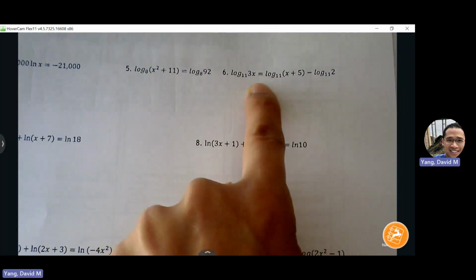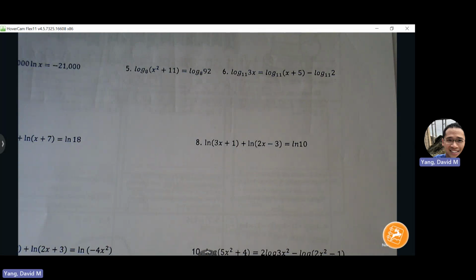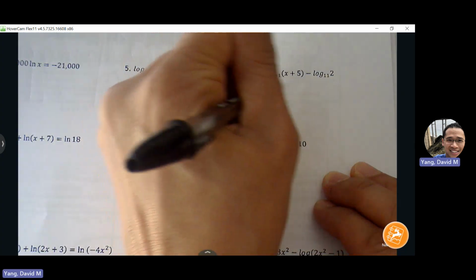Okay. All right, so number 6, you see log base 11 equals log base 11. So that's nice. Everything's log base 11, but we need a one-to-one relationship on both sides if we want the log base 11 to go away. So we need to work on this side of the equation, right?